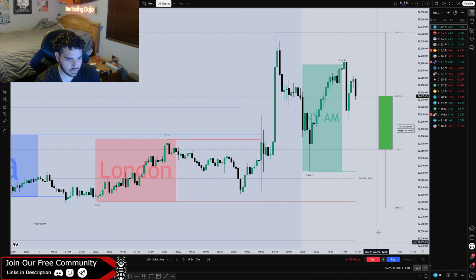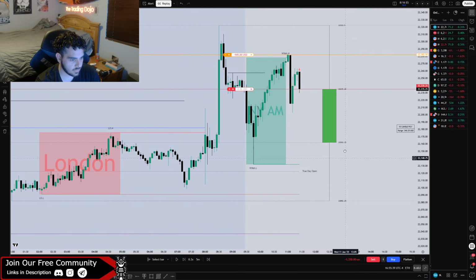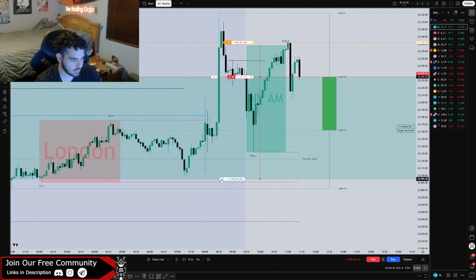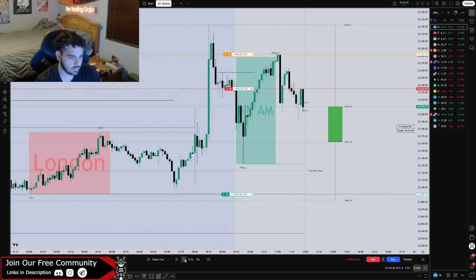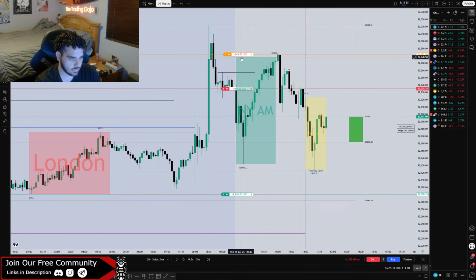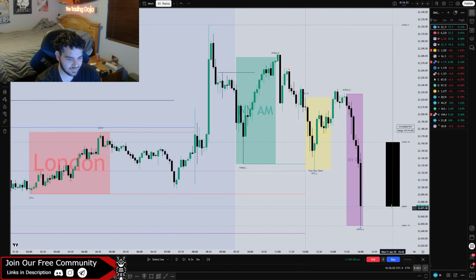Okay, that's not too bad right there. Took this buy side. Have a lot of sell side right here. This is insane. We're getting like no follow through. We almost got stopped at break even right there.